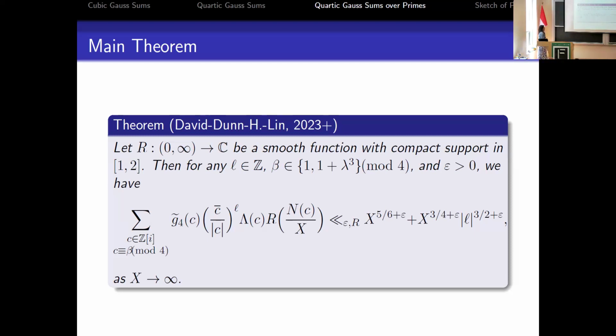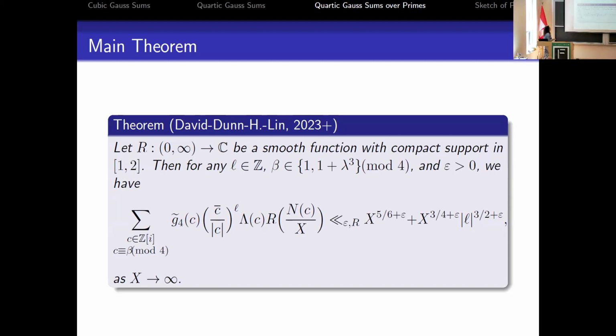So this improves the bound of Patterson. I mean, we do consider a smooth version of it, but we're hoping that even if you remove that smoothing, we only lose a little bit in the power savings, not much.